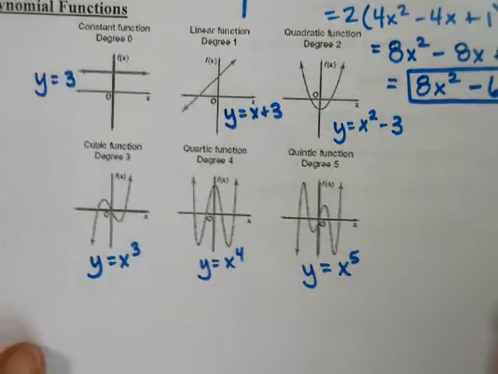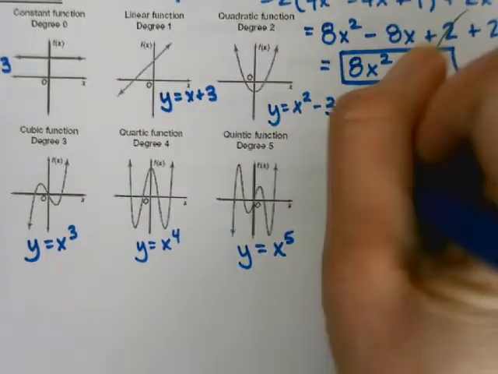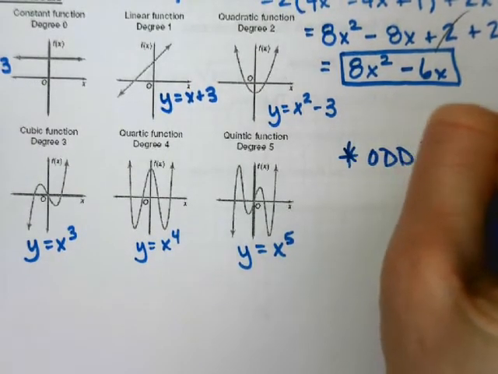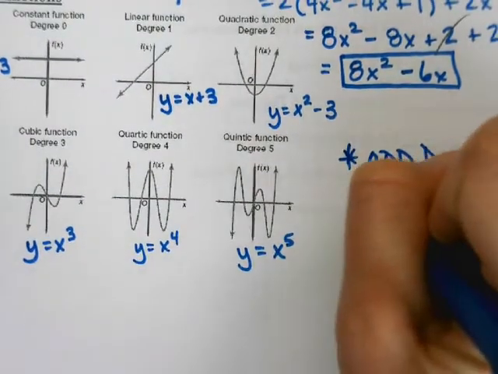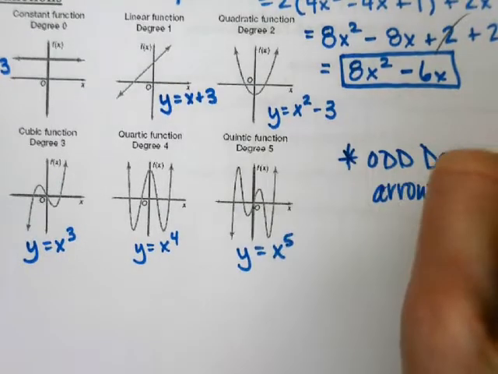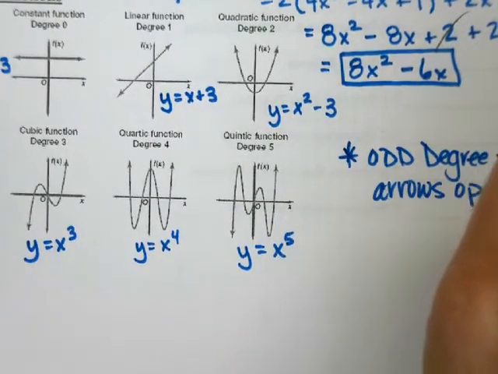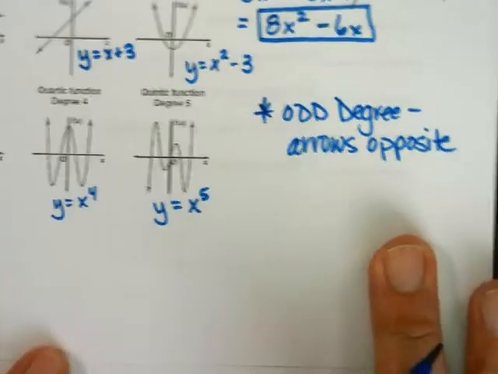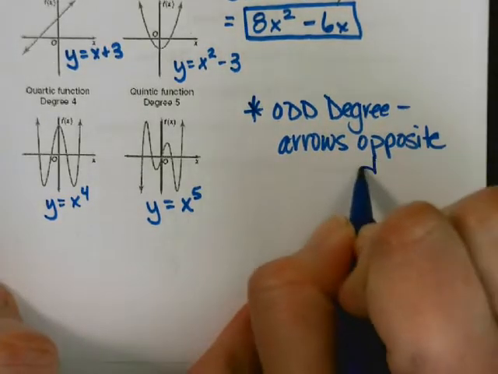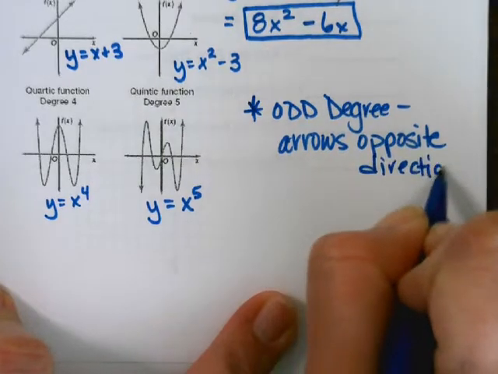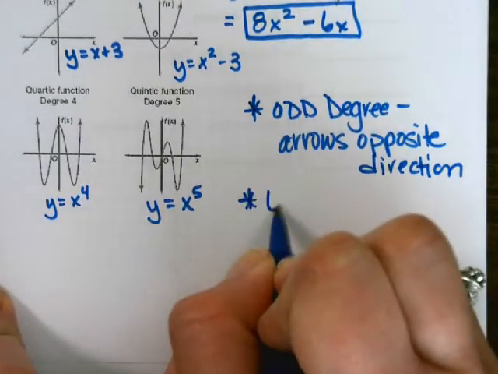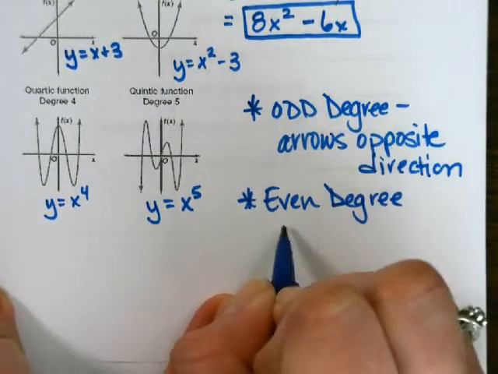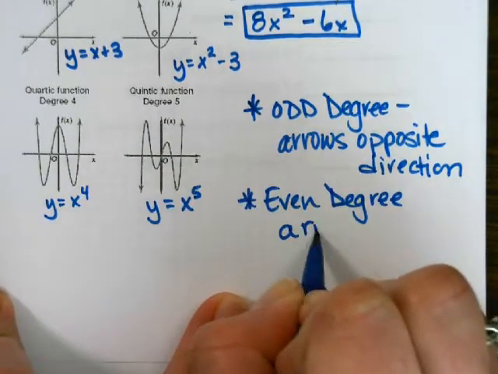Okay, here let's make some generalizations over here. So if it's an odd degree, the arrows go in opposite direction. Oh, you can't see that, I'm sorry. An even degree, arrows in the same direction.